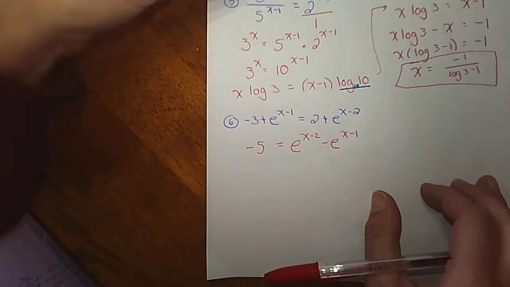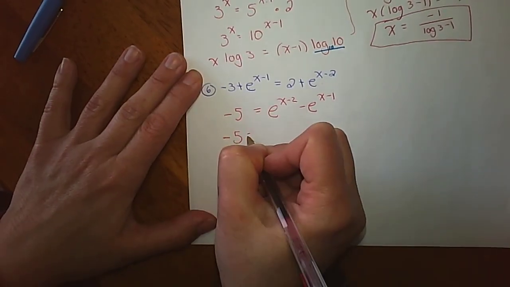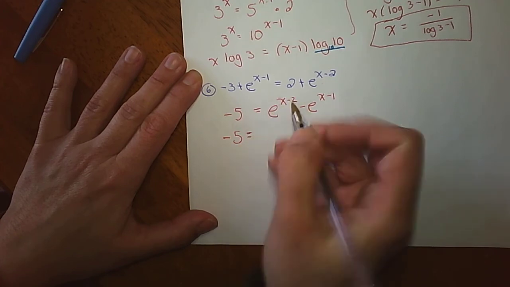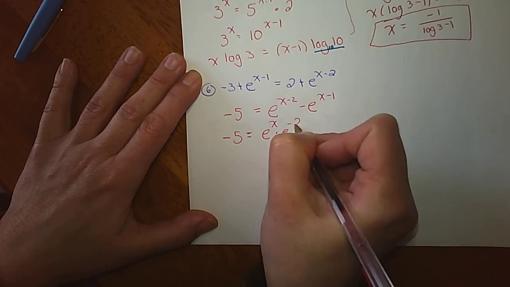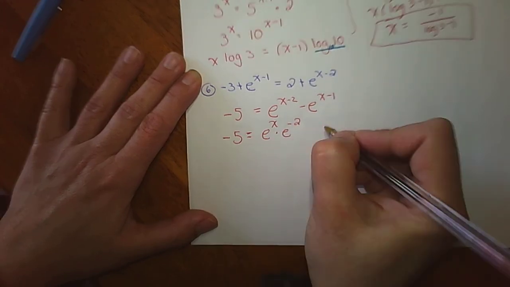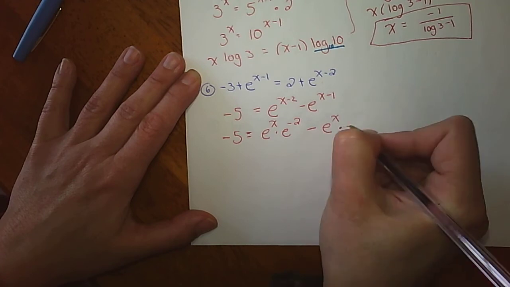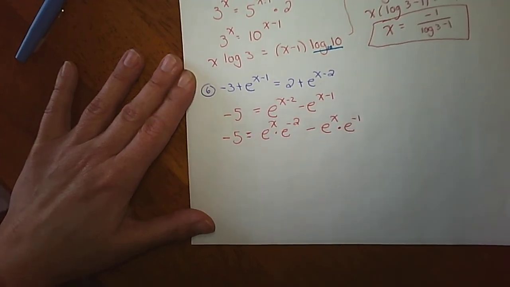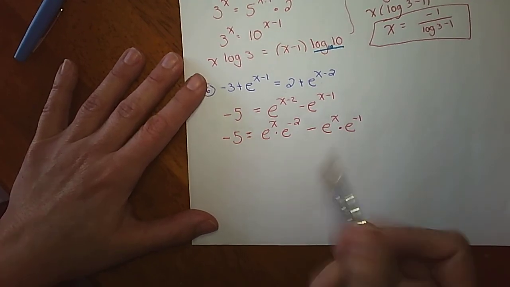I know you're not going to like this, but check it out. It's pretty cool. Bring down the negative 5. This e can be broken up to be e to the x times e to the negative 2 minus this guy can be broken up to be e to the x times e to the negative 1. What do both of these have in them now?